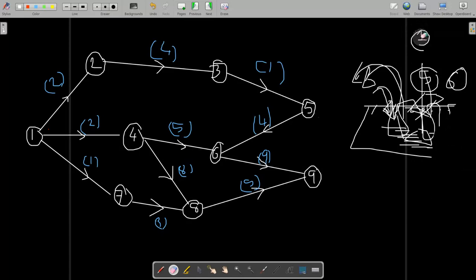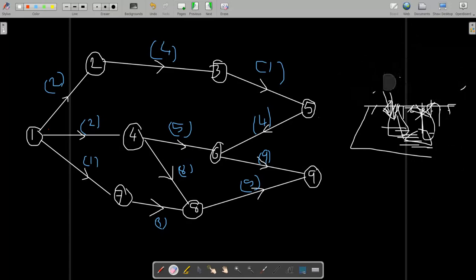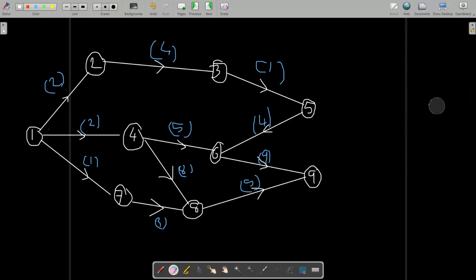So every activity has some starting time. The first day is the starting time of the soil digging, and the 5th day is the end time. So there is a start time and an end time, and on the network diagram it is represented by blocks.